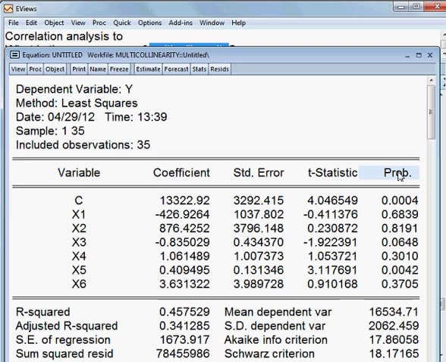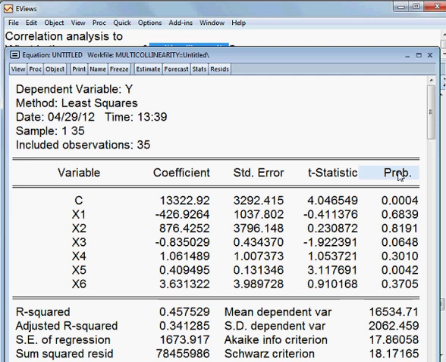It always happens that the t value and p value always have a negative association. If the t value goes up, the p value goes down, or if the absolute t value goes down, the p value goes up.